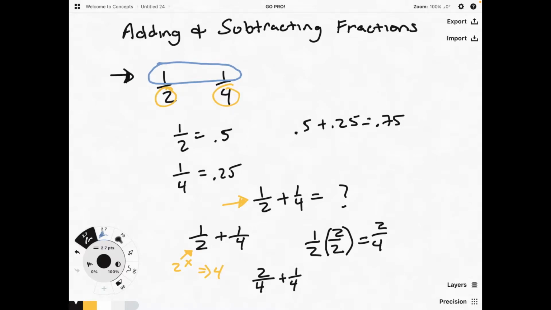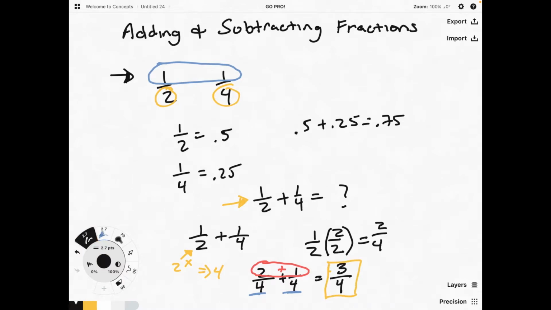Now that we have the same denominator here and here, all we need to do is add the numerator together. If we add the numerator together, we're going to get 2 plus 1 is equal to 3 over 4. And this is our answer, 3/4.